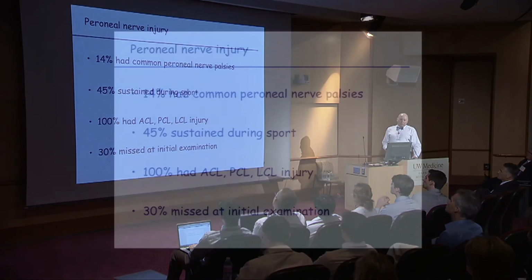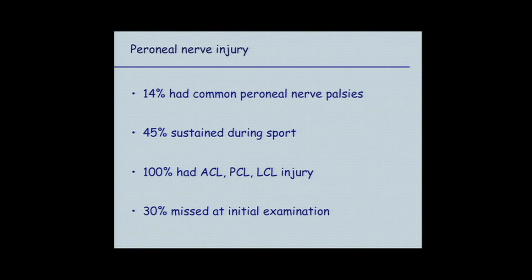If we look at the nerve injuries, 14% of them had common peroneal nerve palsies at presentation, and of these 100% had ACL, PCL, LCL injuries. So if they have a common peroneal nerve palsy, they're almost certainly guaranteed to have this complex of injuries. And 30% of these peroneal nerve palsies were missed on initial examination, often because they weren't actually properly examined by anyone.